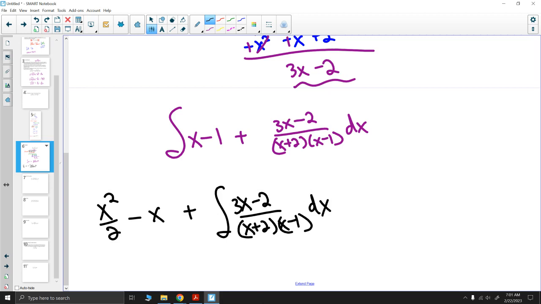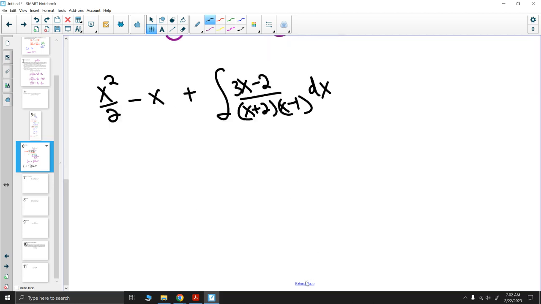Okay, so again, we need to keep in mind we have those x squared over 2 minus x while we work on expanding this out. Same thing as before, these are just x to the 1 powers that have been fully factored.